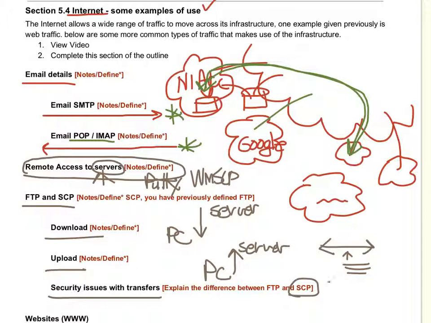That encrypts the information before it sends it and gets decrypted on the other end. So somebody in the middle here can't read it. FTP, file transfer protocol, is not encrypted. It just sends the information like I drew here. It doesn't encrypt it. So somebody in the middle could view it or see it. Alright.